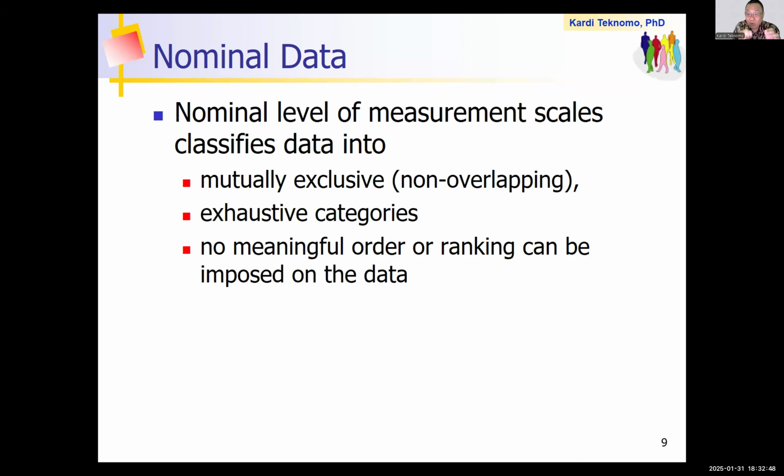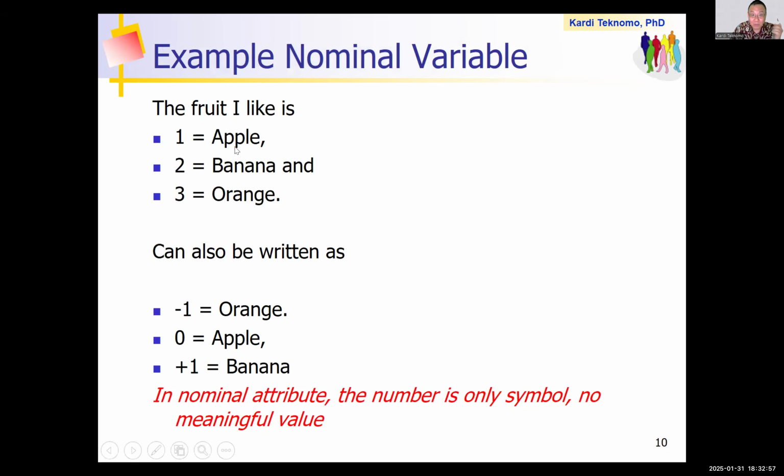There is no meaningful order or ranking that can be imposed on the data. So this is an example of nominal data. The fruit I like is apple, banana, or orange. I can put numbers 1, 2, 3, or I can put any numbers, for example, -1, 0, and +1. Remember, in a nominal attribute, the numbers are only symbols, with no meaningful value. We assign them.